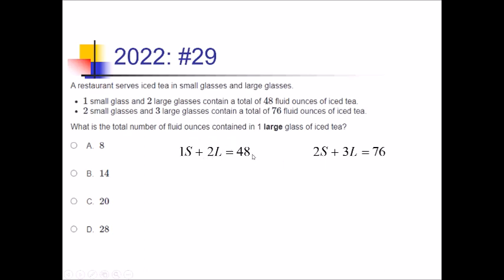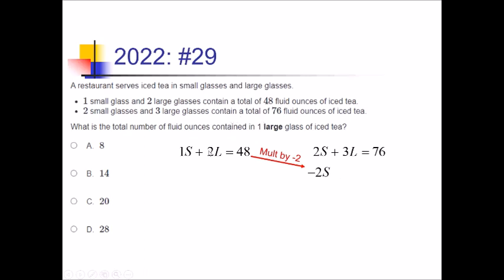You could subtract 2L and then substitute 48 minus 2L for the S over here, and then you would just have L's. But what I chose to do is I actually multiplied this equation here by -2, because doing so is going to give me a -2S right here that on the next step is going to cancel out with this positive 2S. There are other ways to do it, but this is how I went.